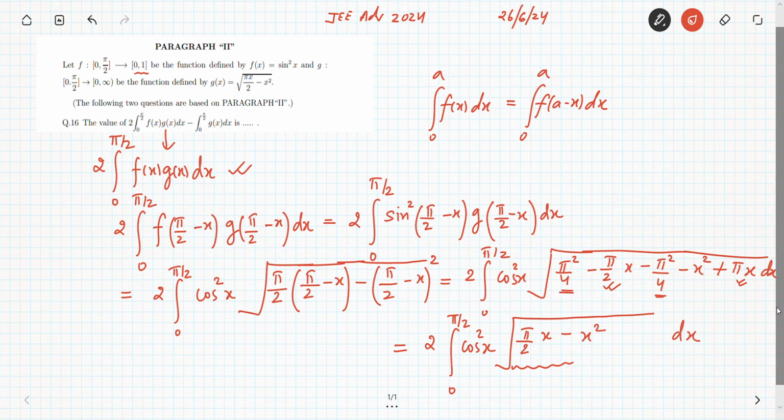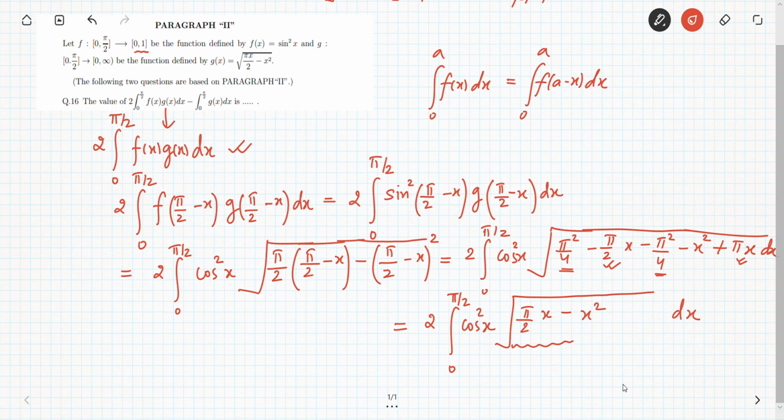So what I can do from here is I can write it like this: it is nothing but twice the integral from 0 to pi by 2 of cos square x into g of x dx. Okay, so this function is written like this.